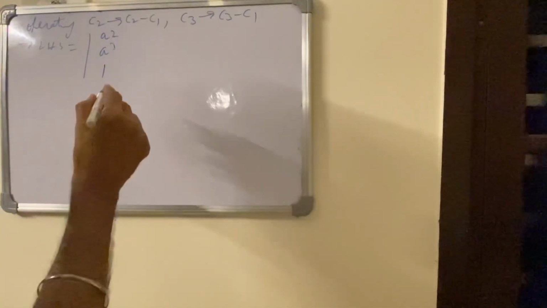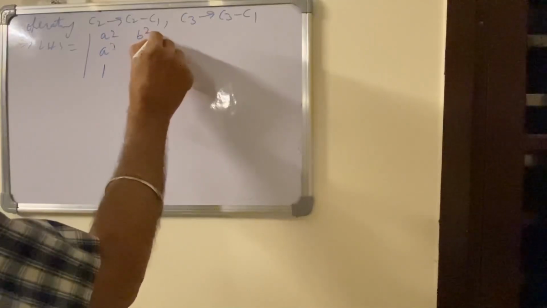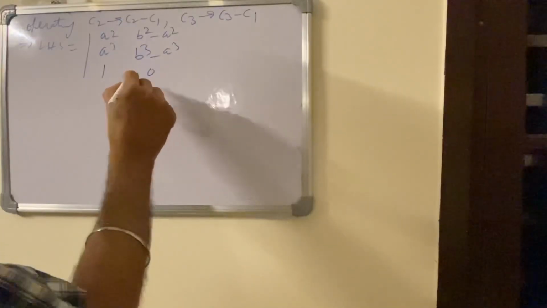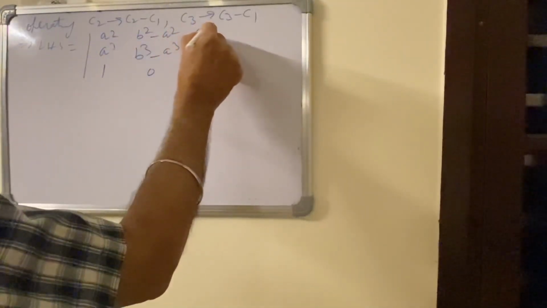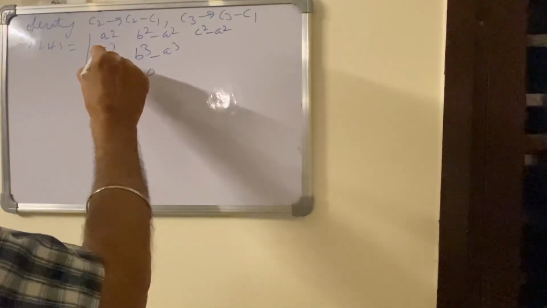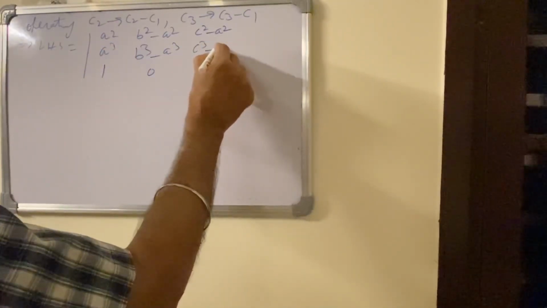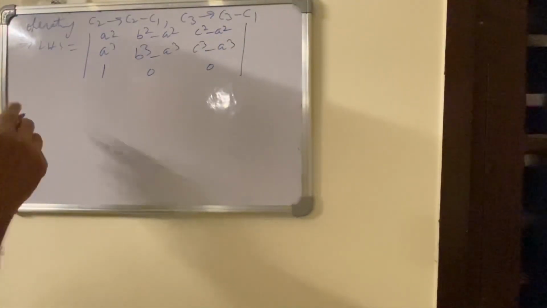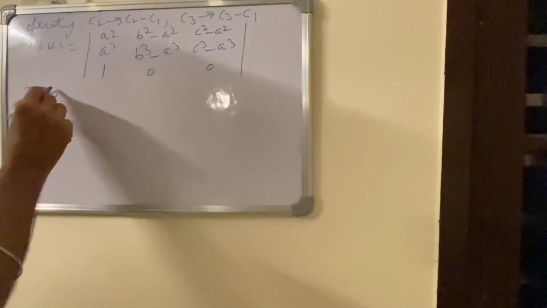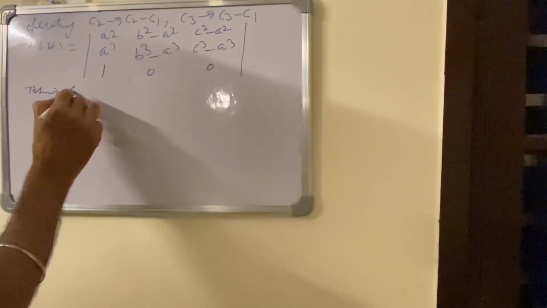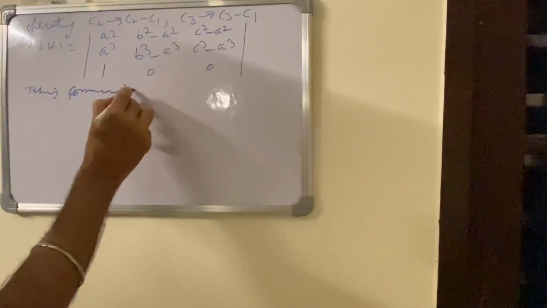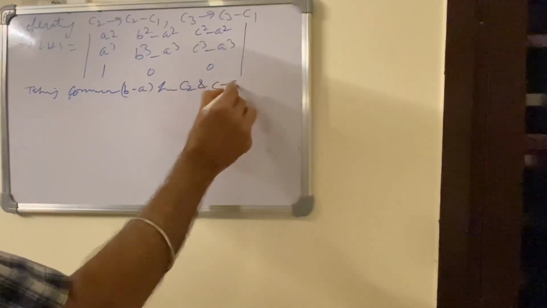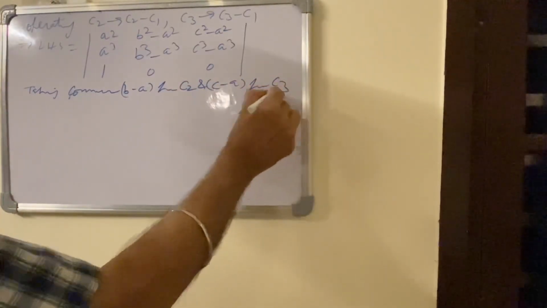Second becomes b square minus a square, b cube minus a cube, 0. Third becomes c square minus a square, c cube minus a cube, 0. Then we take common b minus a from column C2 and c minus a from column C3.